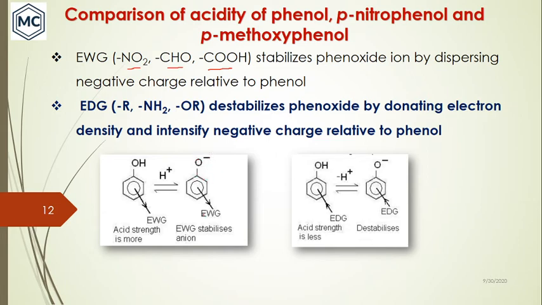It can stabilize this anion, because this electron withdrawing group can attract the negative charge, so the negative charge is not localized on this oxygen atom.